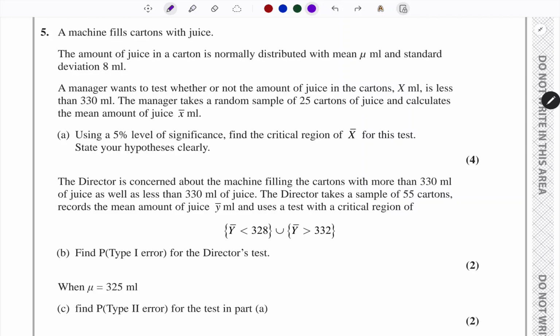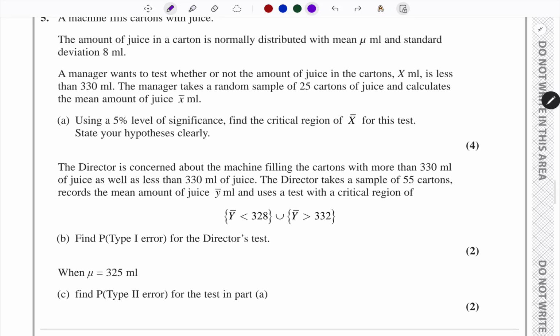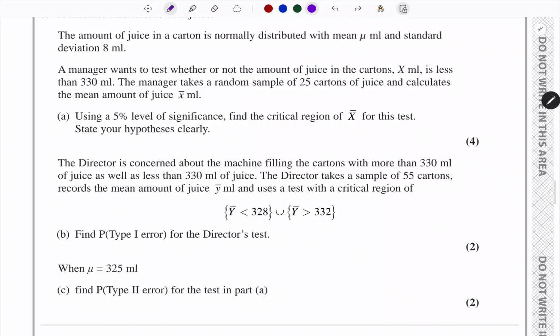A manager wants to test whether the amount of juice in cartons, X milliliters, is less than 330 milliliters. The manager takes a random sample of n = 25 cartons of juice, and calculates the mean amount of juice, X bar milliliters. Using a 5% level of significance, find the critical region of X bar for this test.